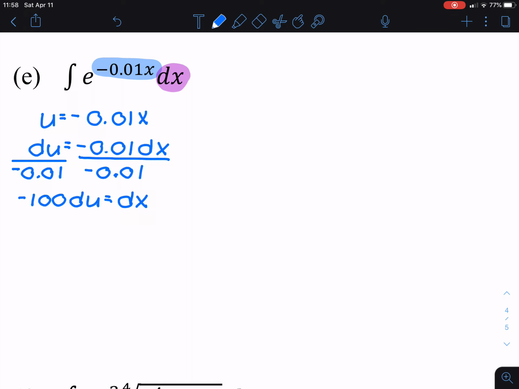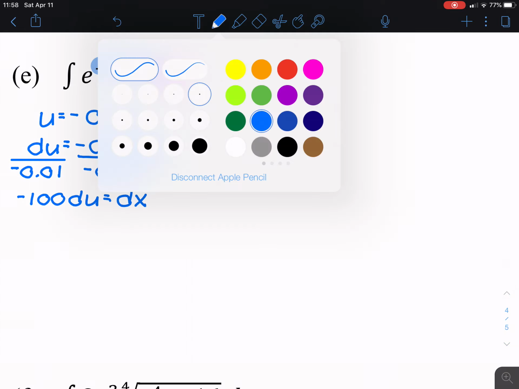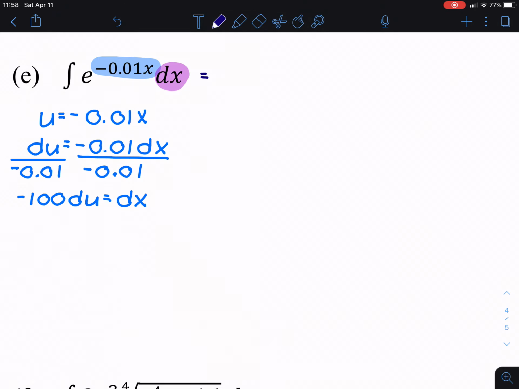So I can rewrite my integral now as the integral of -100 e to the u du. When I take that, the coefficient of -100 stays the same.